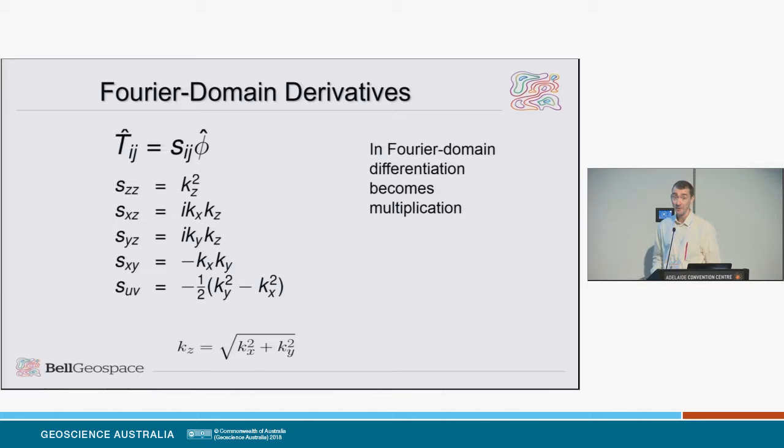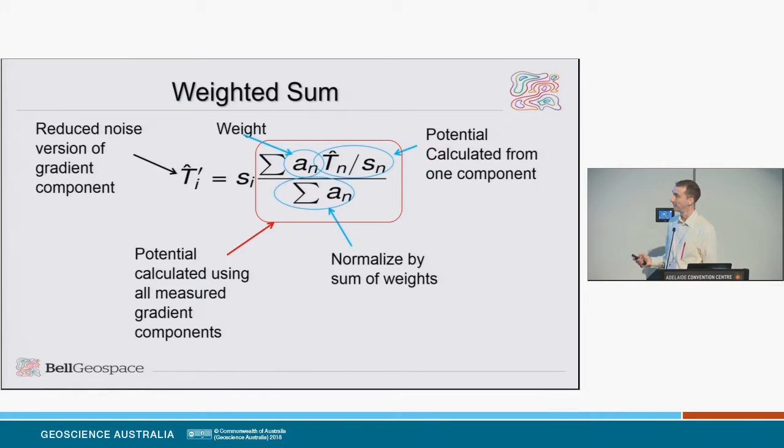So the great thing about working in Fourier domain is that calculus becomes algebra. Derivatives become multiplications, and we can calculate the tensor component from the gravitational potential just by multiplying by the appropriate S function here, which is a function of wavelength, of wave number.